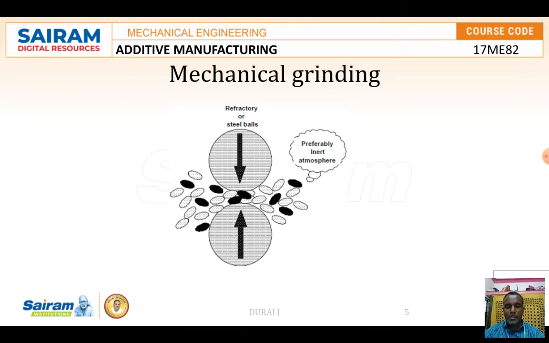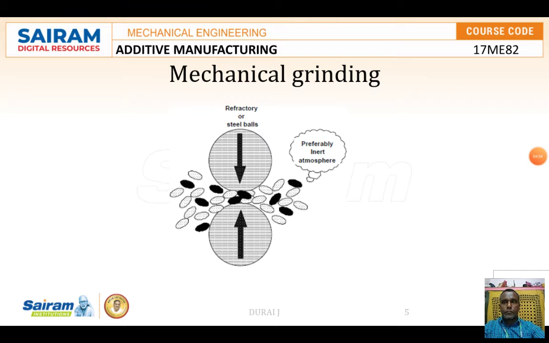Here in mechanical grinding, there is a refractory or steel box. Between these two balls the component has to be crushed. After crushing it is converted into small particles, so that it comes as a nanomaterial.